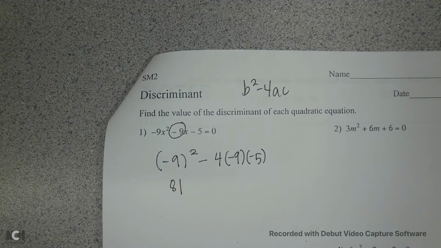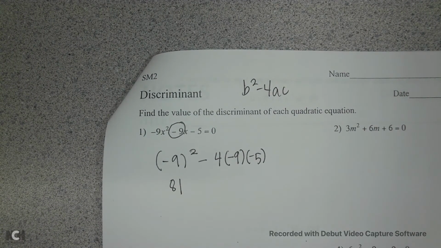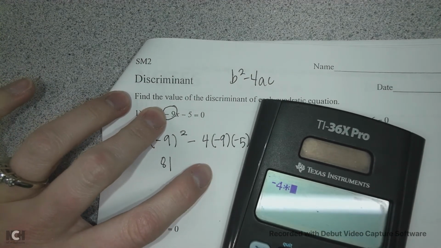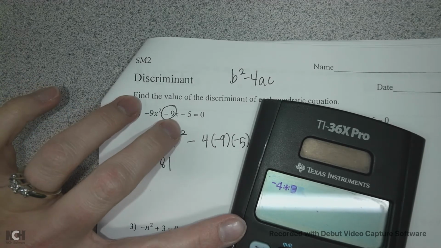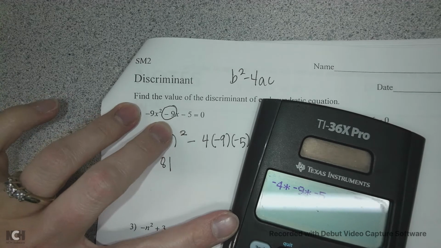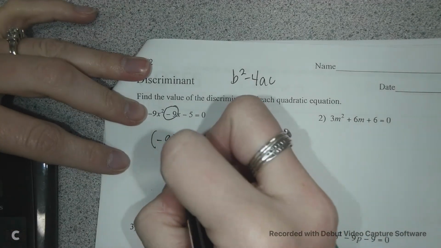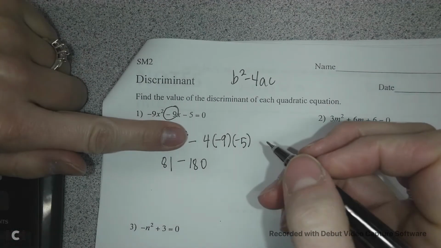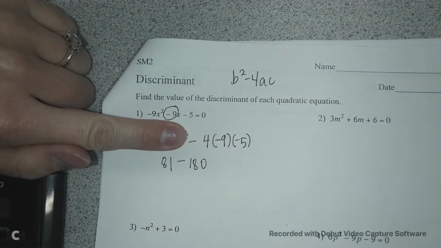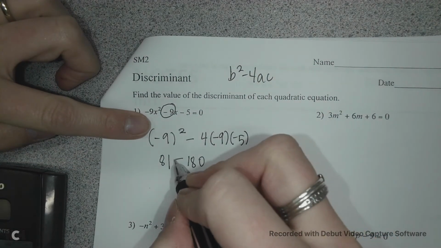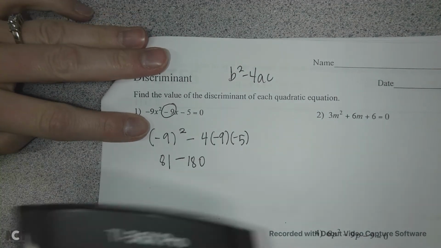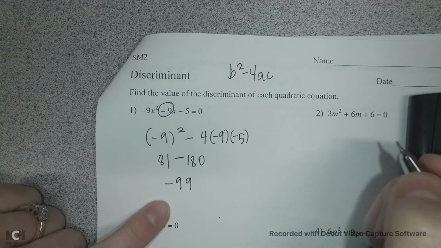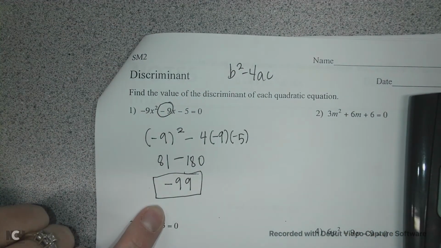And then we have negative 4 times 9, negative 9 times negative 5, and that's negative 180. Notice that I pretended the negative wasn't there and I made it part of my 4, which is what I recommend. And then whatever answer you get, you just use that sign. And then 81 minus 180 is negative 99. So this is my discriminant.